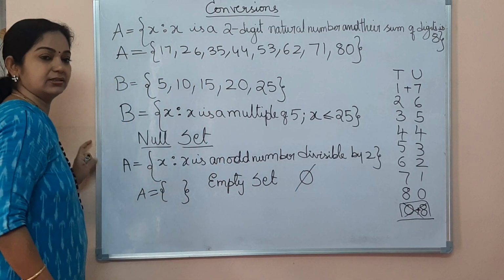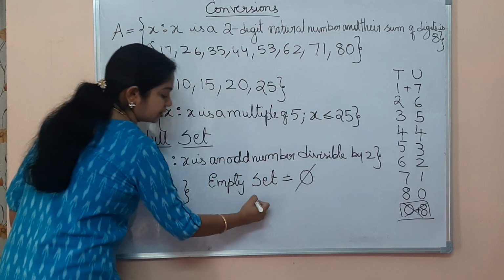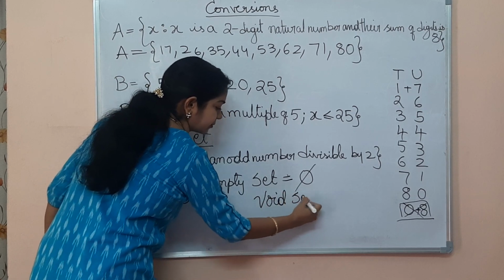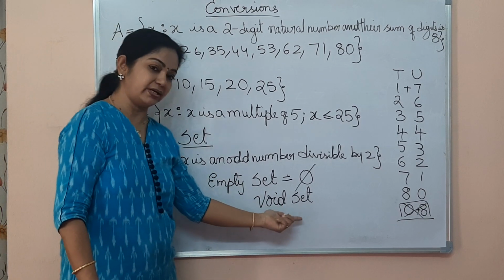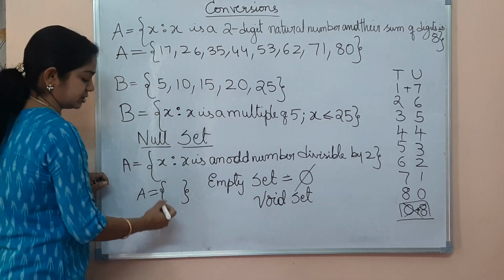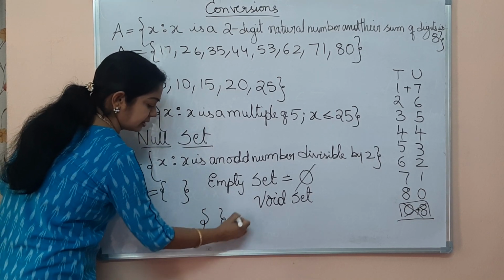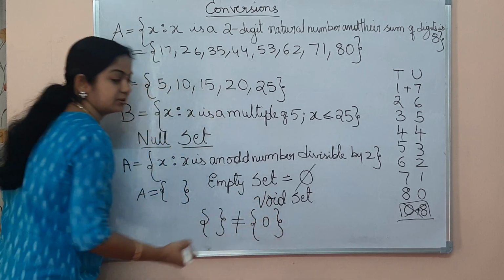We call this symbol phi: empty set, or also void set. Null set, empty set, void set. It is represented like this, without elements. Also, children, here the null set is not equal to this set.